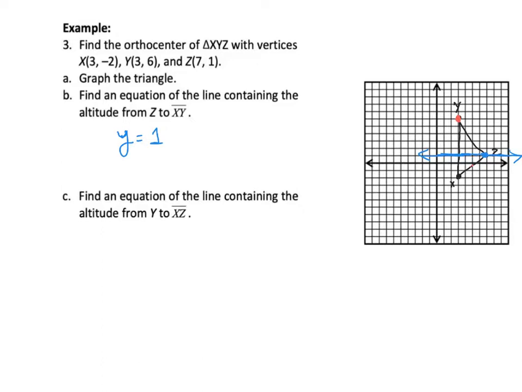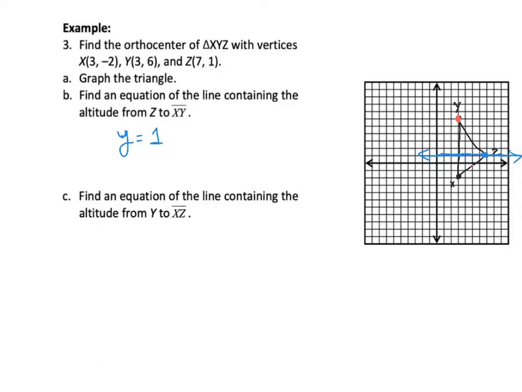But the problem is we actually need to solve for this one, because the one through z was pretty easy. It was just a straight line, so you didn't have to really solve for the equation. But this one, you actually have to use the points, so we need to find the slope, then the perpendicular slope, and then we need to find the equation.